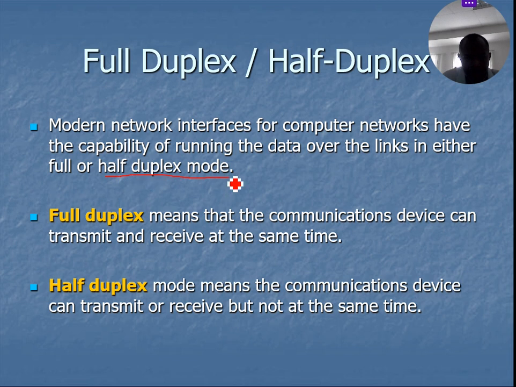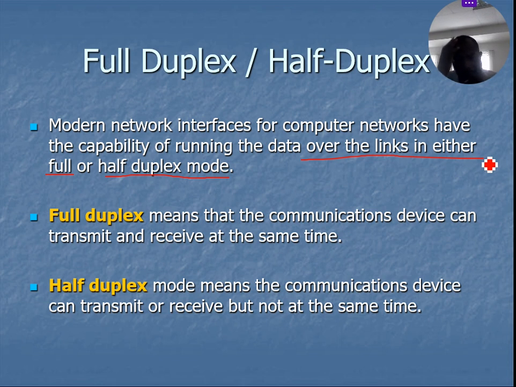Huawei, the one making phones in China, also manufactures networking devices: hubs, switches, routers, bridges, and other telecommunication electronics equipment. Most of the new ones, made by either Cisco or Huawei, can support both full duplex and half duplex transmission and reception.